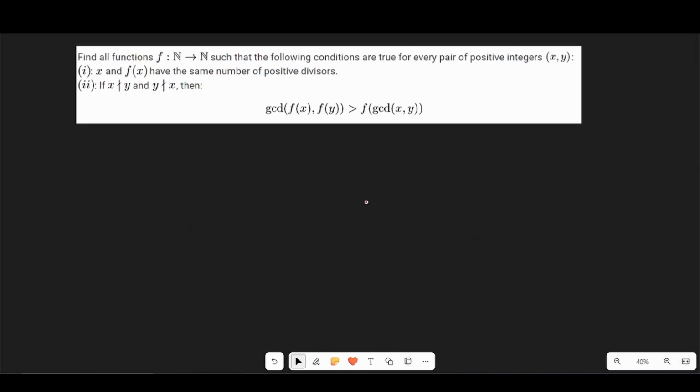The second problem of the second day was from number theory. This was functional number theory, which in most cases is very similar to each other. We are given a function from positive integers to positive integers, and we know that x and f of x have the same number of positive divisors.